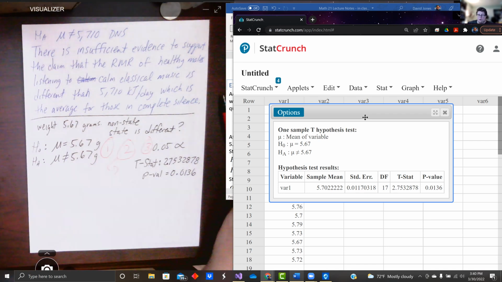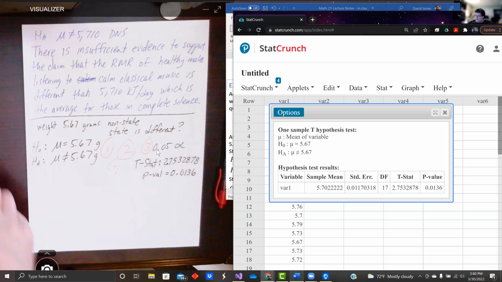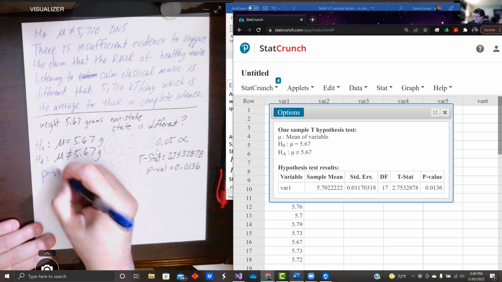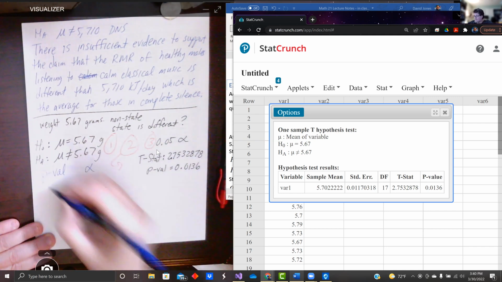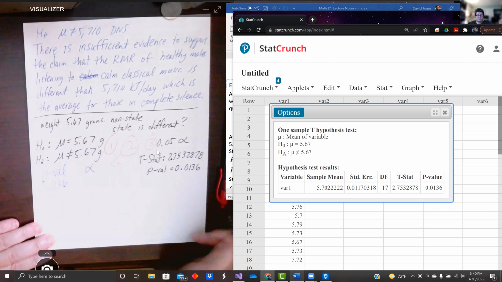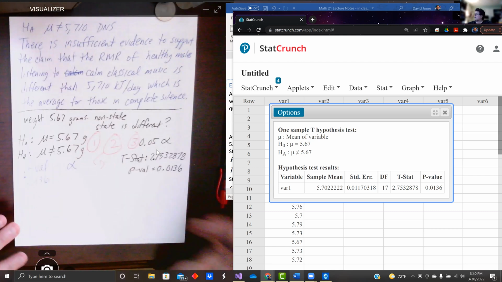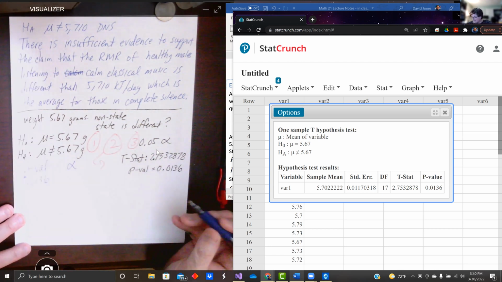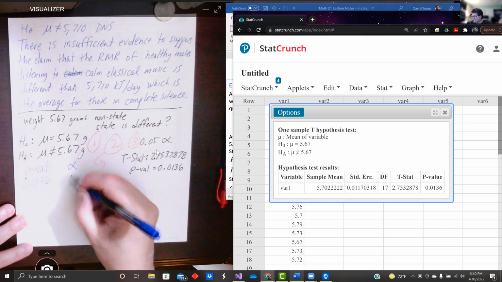Oh, this p-value is kind of low. What alpha did they add? Oh, I already have it. I got my alpha right here. So in this case, we compare our p-value to alpha. And alpha is 0.05.